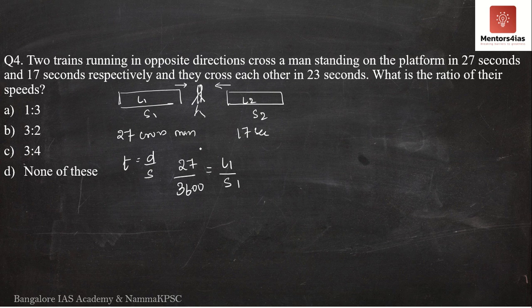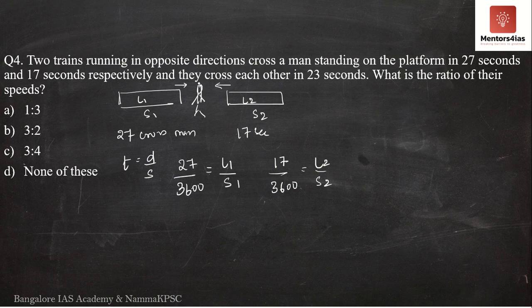Therefore L1 traveling at S1 speed, which is equal to 27 seconds, or 27 by 3600 hours. Similarly, for the second train which crosses the man in 17 seconds, I will say it is 17 by 3600 is equal to L2 by S2.